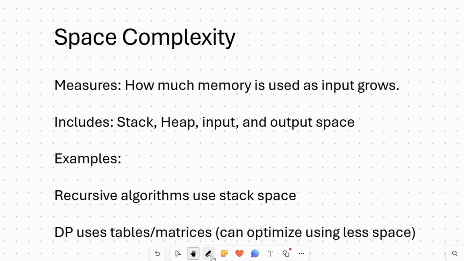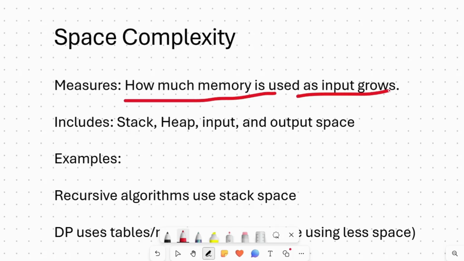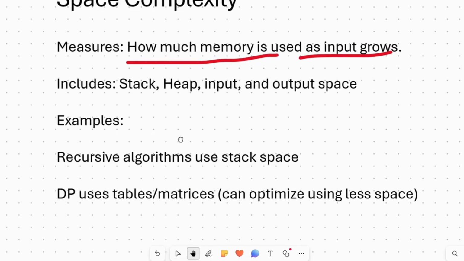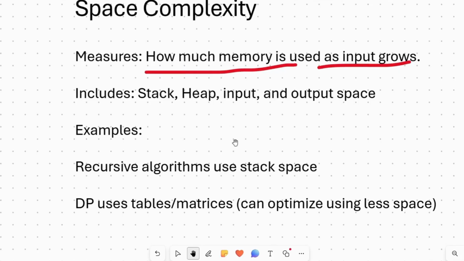But you need to remember what space complexity is: how much memory is used as input grows. So it's basically the same as time complexity. Space complexity calculates the total storage an algorithm takes or uses.